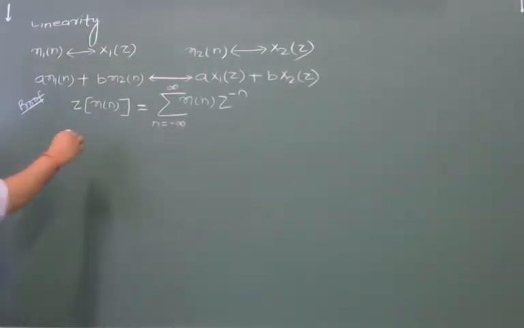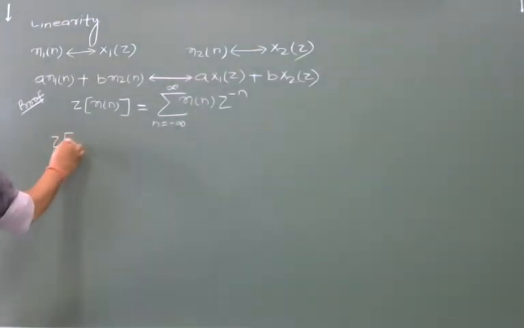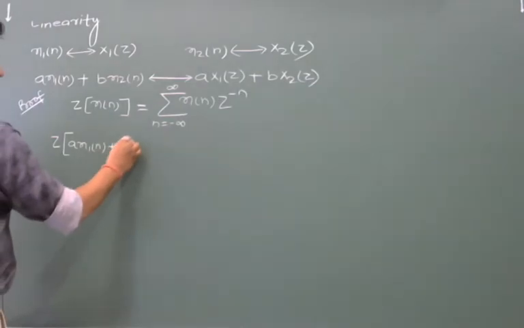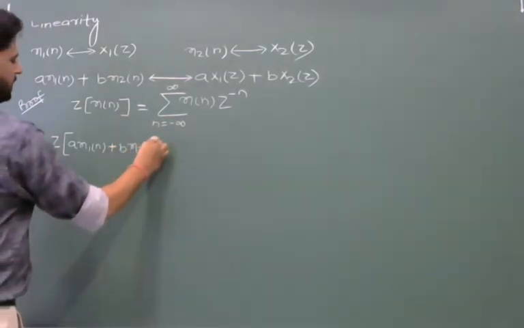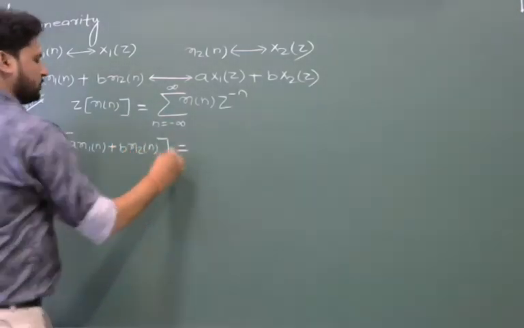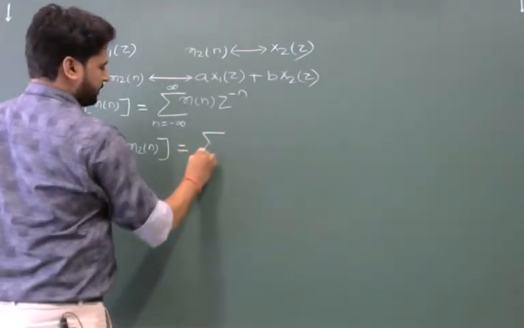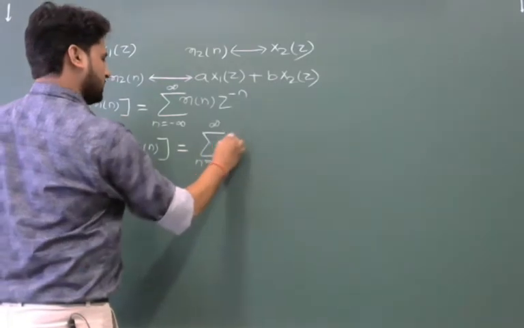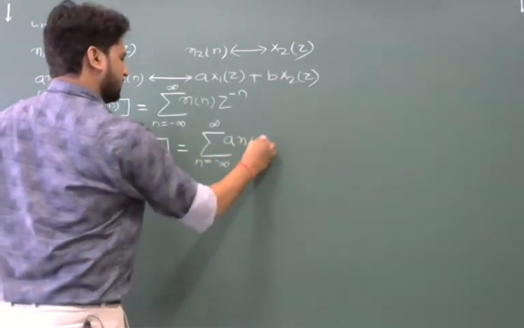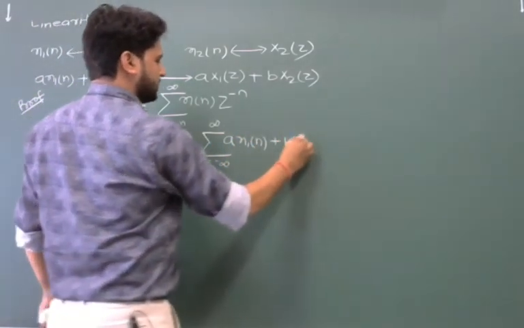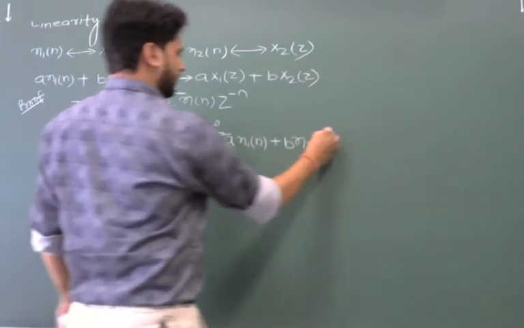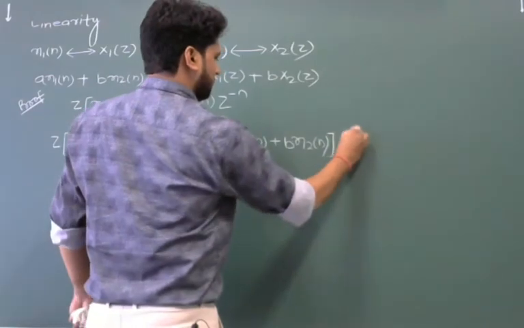So the Z transform of a x1 of n plus b x2 of n will be equal to sigma, n from minus infinity to plus infinity, a times x1 of n plus b times x2 of n into z power minus n.